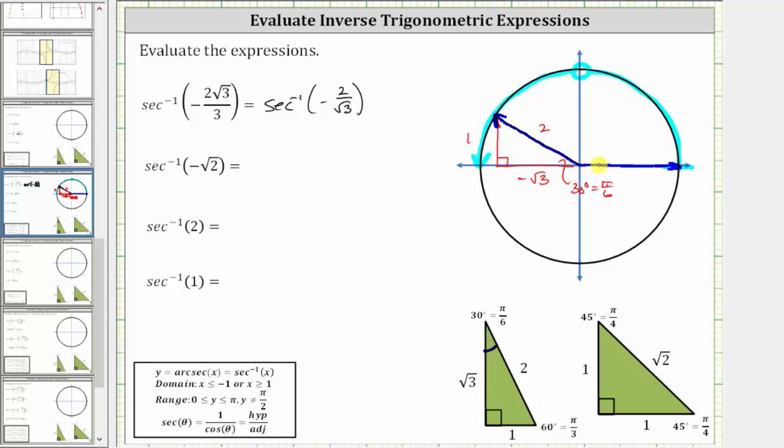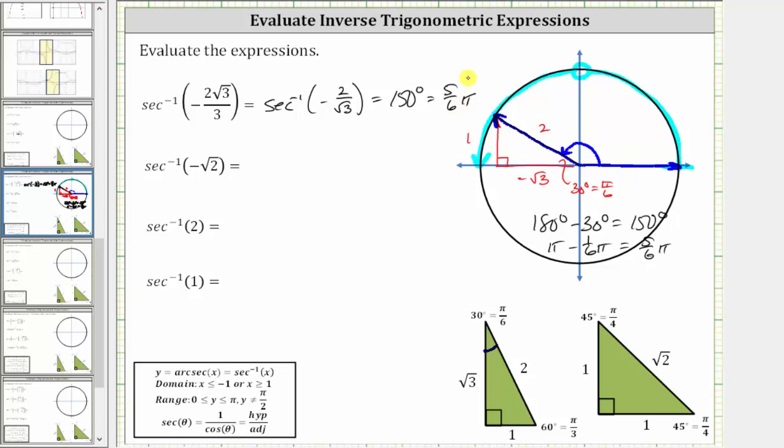The angle in this interval that has a secant function value of negative 2 divided by square root 3 is 150 degrees or 5/6 pi radians, which we can determine by taking 180 degrees, or pi radians, and subtracting the reference angle of 30 degrees, or pi over 6 radians. And therefore inverse secant of negative 2 divided by square root 3 is equal to 150 degrees or 5/6 pi radians.